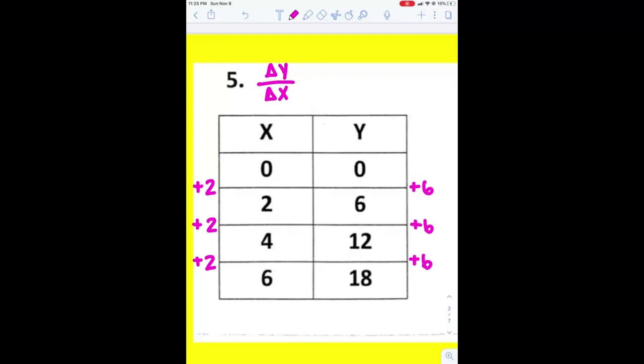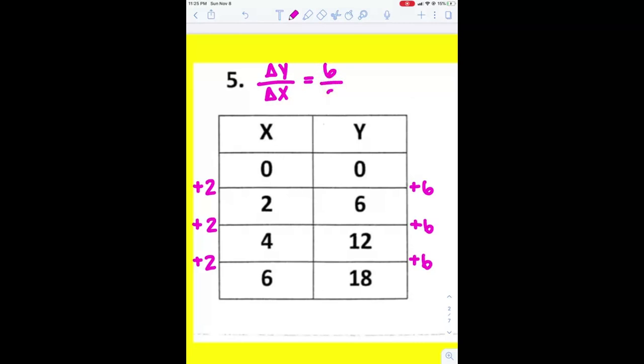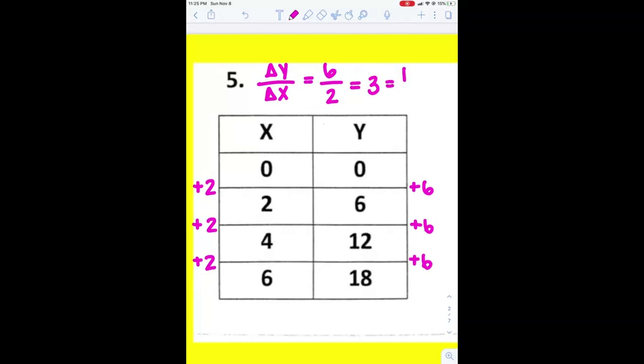So my x is changing by 2, and my y is changing by 6. So I'm going to take 6 over 2, which gives me 3. So my rate of change here is 3. Okay, and that's because x goes up by 2 every time, and y goes up by 6. And 6 divided by 2 is 3.